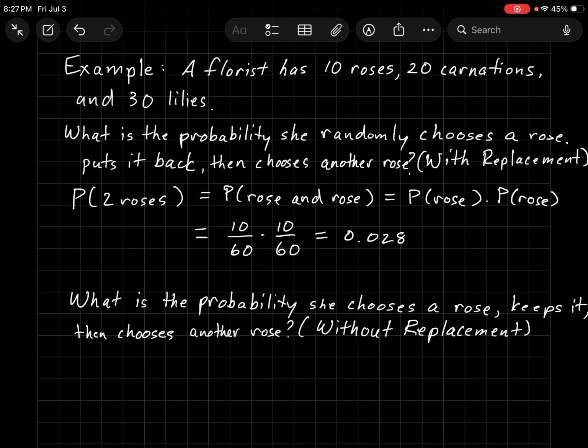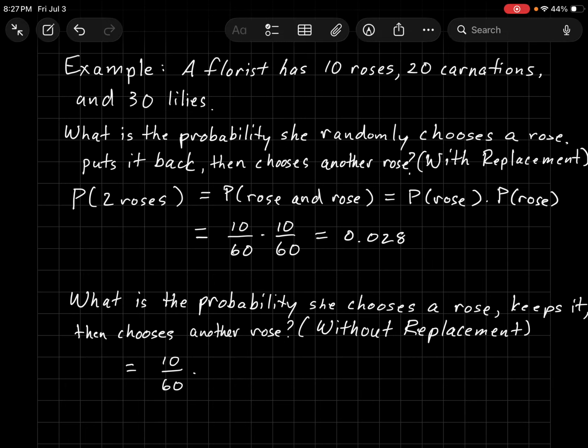Let's do a very similar problem. What is the probability the florist chooses a rose, keeps it, we call this without replacement, then chooses another rose? So let's start. With the first rose, the probability is 10 out of 60. Now that rose is gone. It's no longer part of the collection.